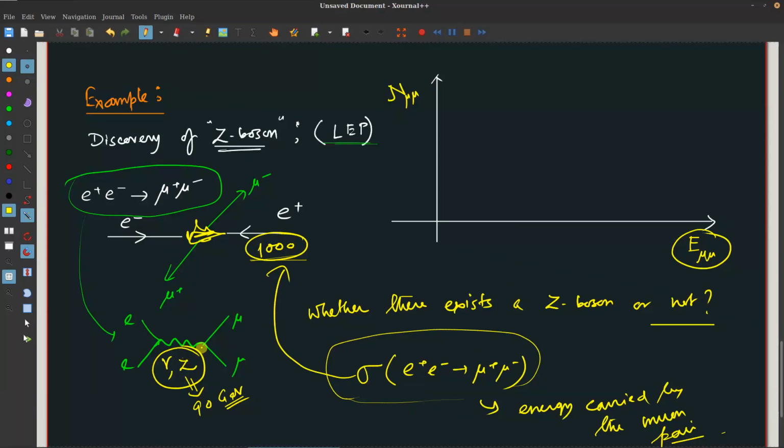Okay. Now, of course, the way I have done the goodness of fit test, I have only a single hypothesis, and the single hypothesis, this H0, the hypothesis I want to test, is that there is no Z boson. Okay. So if there is no Z boson, that is, this process is only mediated by this photon, then this cross section will have a structure, and if it has a Z boson, then this cross section will have a different structure.